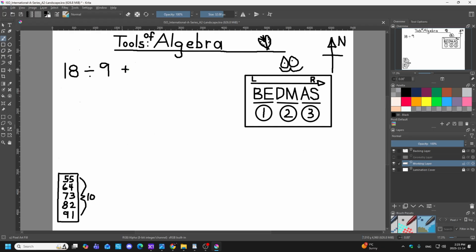Plus 2 times 6. Now, as you can see, we don't have any brackets. I prefer to see brackets. That creates clarity on what belongs to where, right? In this case, there's uncertainty, right? Because there's no parentheses. So that's why they have the left to right concept.